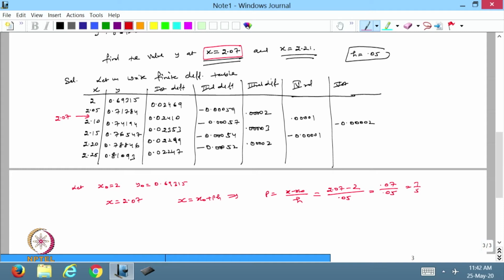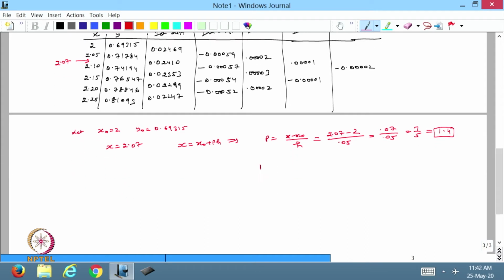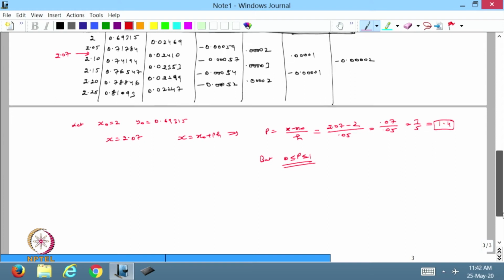So, it is 7 by 5, it is 1.4. So, the value of the p is coming greater than 1, but p should be between 0 and 1. So, in that case what we will do?